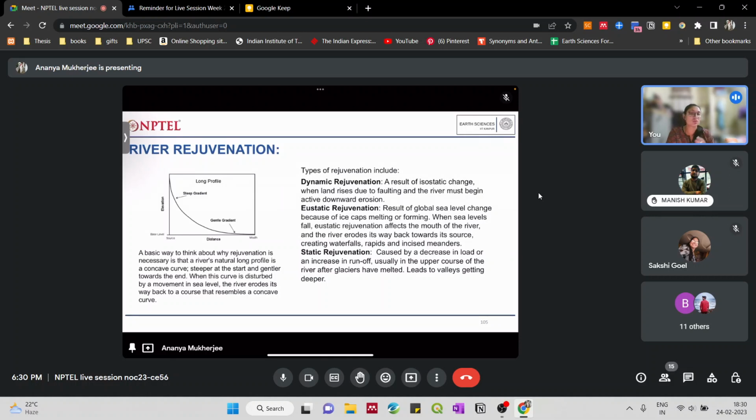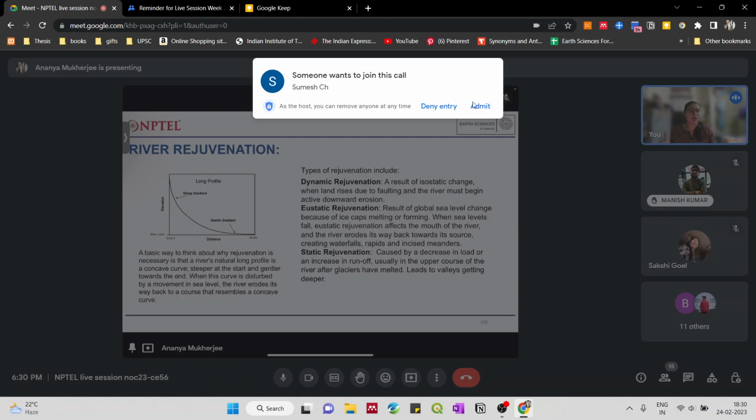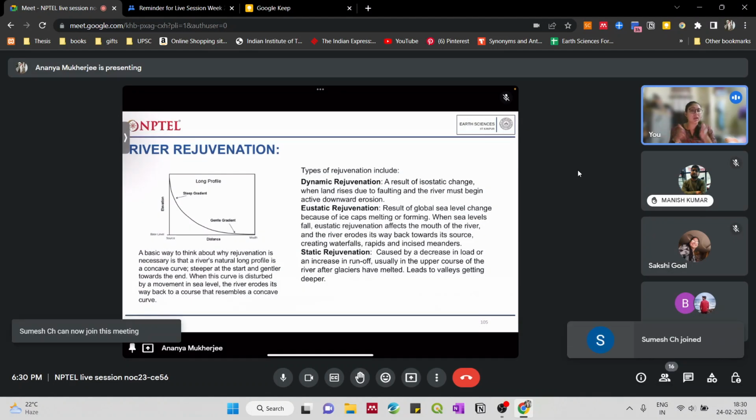Due to the increase in runoff, it could lead to deeper valleys being created. To hold the entire increased runoff, the river will downcut more, to accommodate all of the water that is flowing. So it will result in increasing the depth of the valleys that are created.